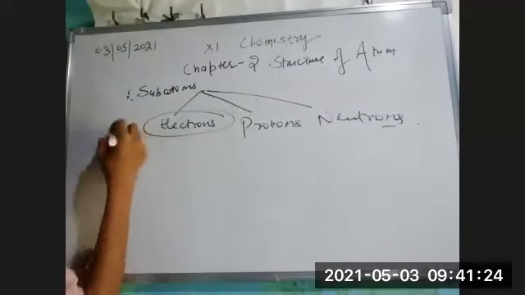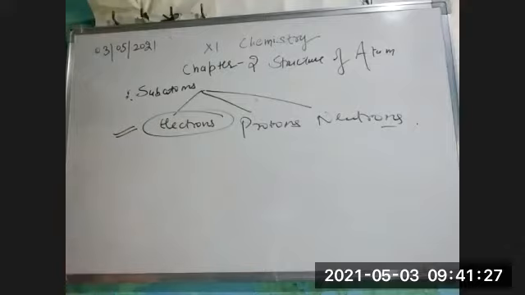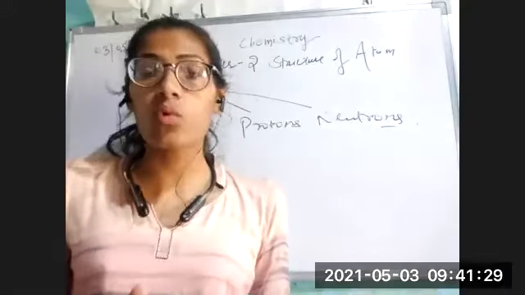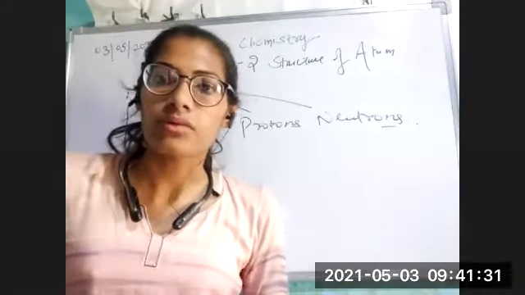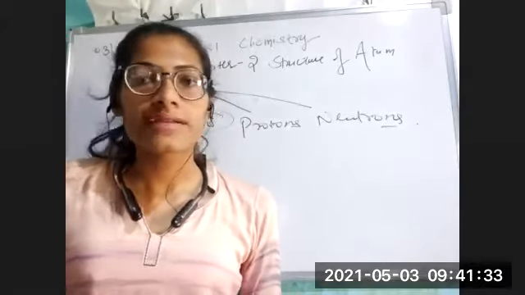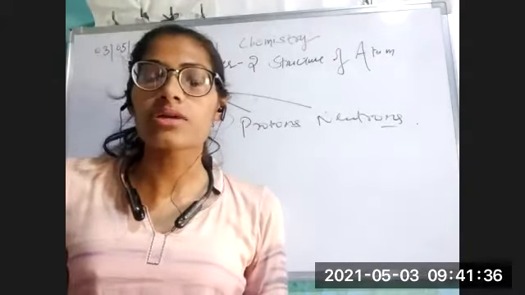Now, the first point is how we discovered the electron and who was the discoverer of the electron. Basically, there was a scientist known as Faraday. You already know the name.